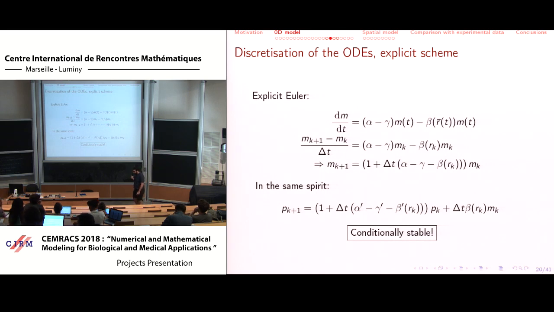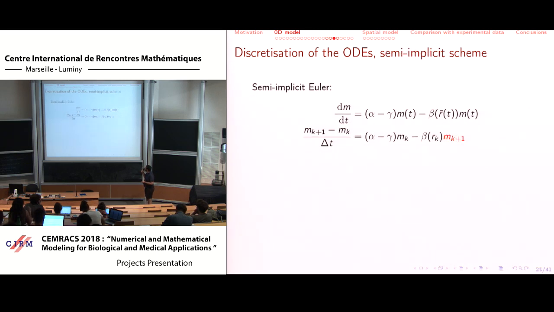So one idea we had to deal with this problem was to take a semi-implicit scheme. Actually, we did not implement it yet, but we will do this in the near future. For the semi-implicit Euler scheme, here is the semi-implicit part, and this leads to this expression for m index k plus 1, which ensures positivity.